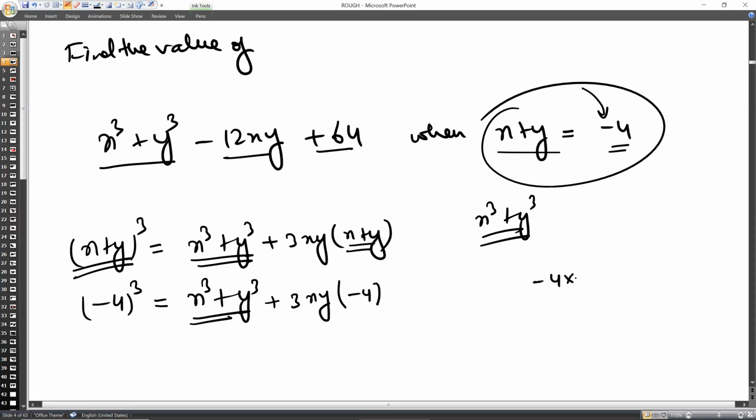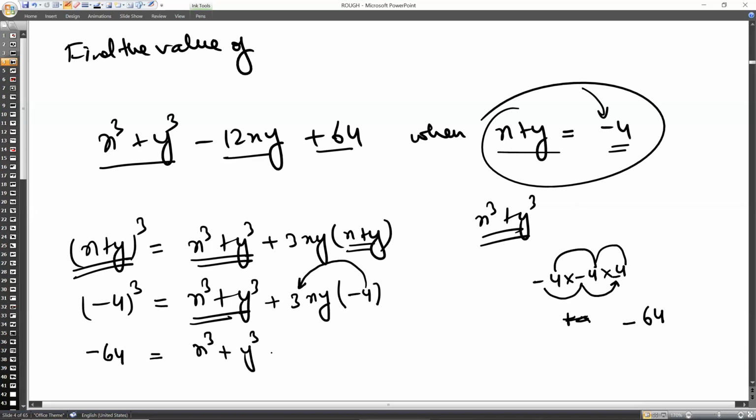Minus 4 into minus 4 into minus 4: minus minus gives plus, and then this plus multiplied with minus gives minus. Four 4s are 16 and 16 times 4 is 64. So the answer is minus 64, which equals x cube plus y cube.